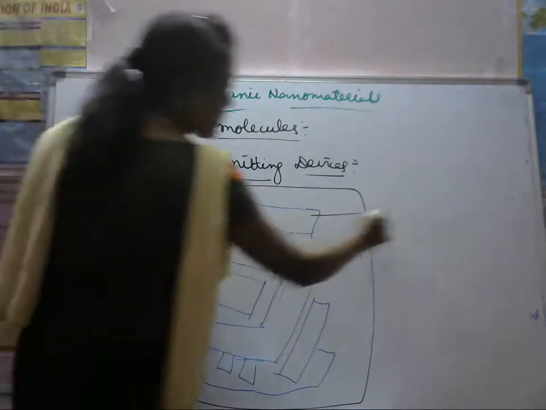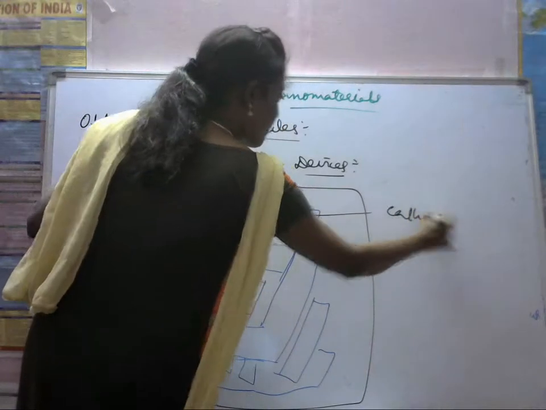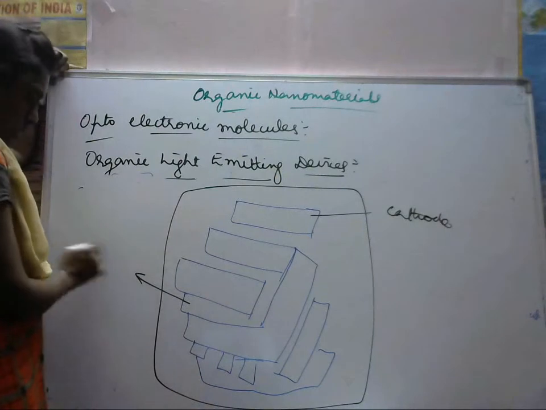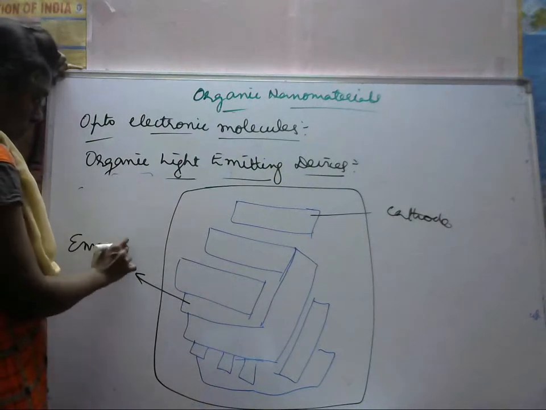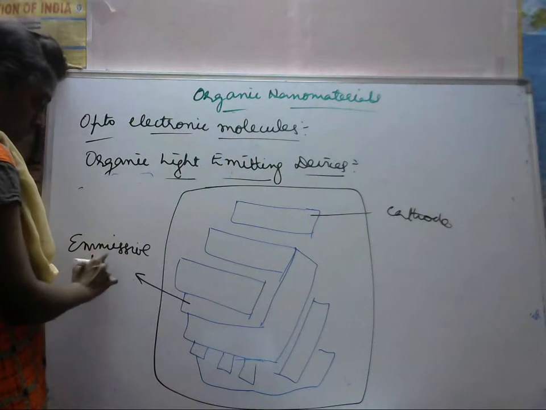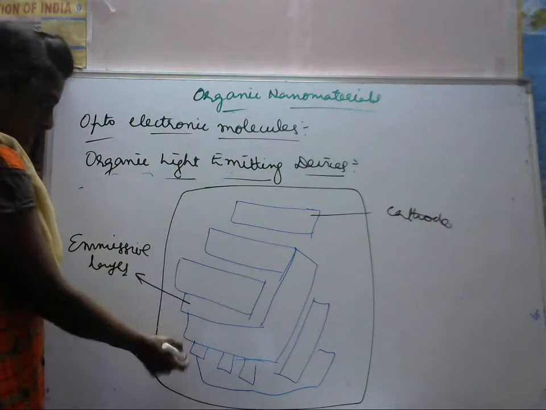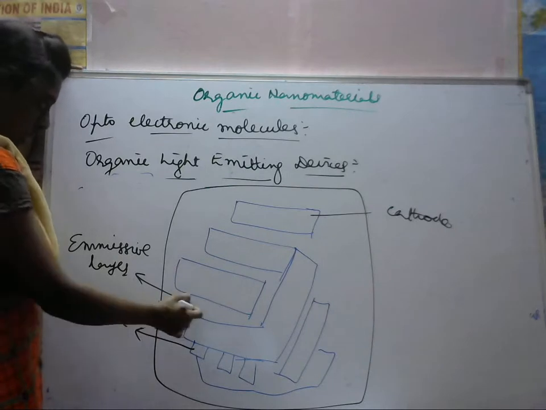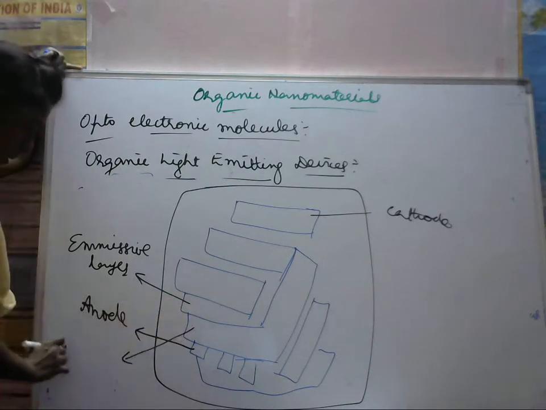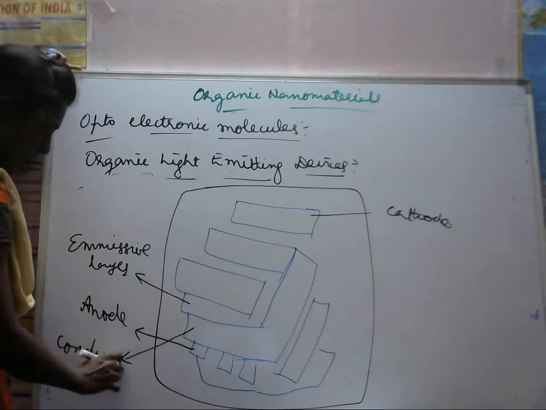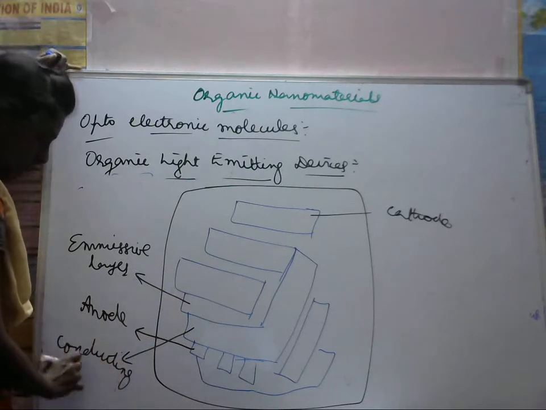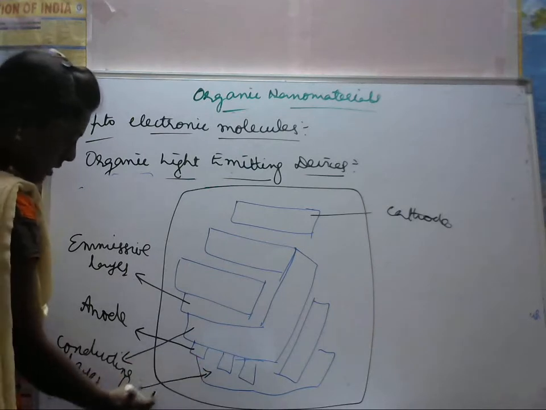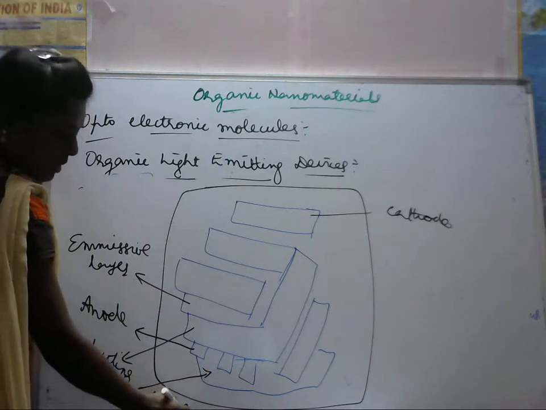This is the cathode. This is the emissive layer. This is the anode. This is the conducting layer. This is the substrate.